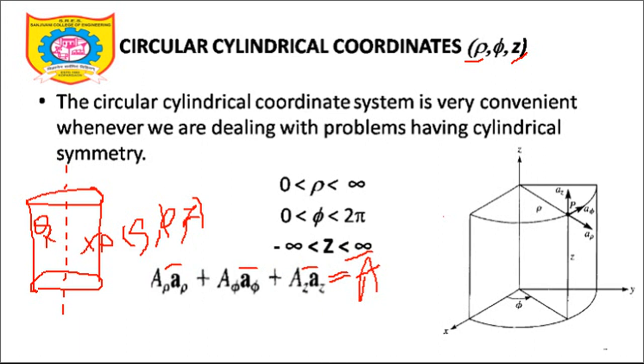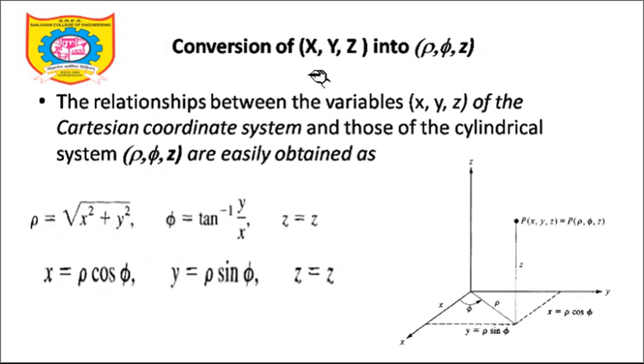Let's look at the conversion now. So conversion of x, y, z into rho, phi, z. You might have studied this in complex numbers also. So let's say this is a point P which is represented as small x comma y comma z, which is equivalent to P rho comma phi comma z. Now how can we represent it?